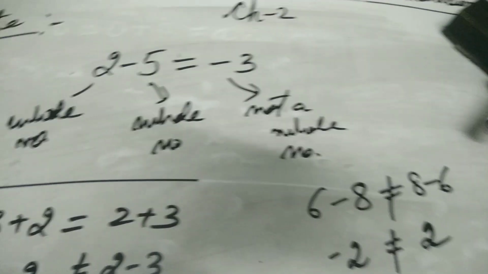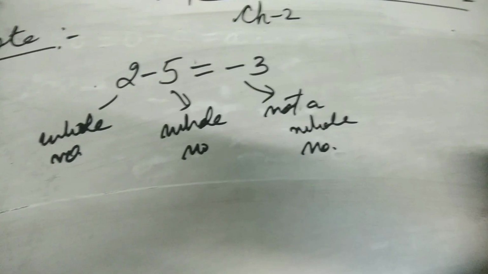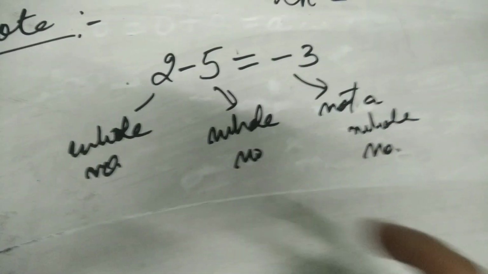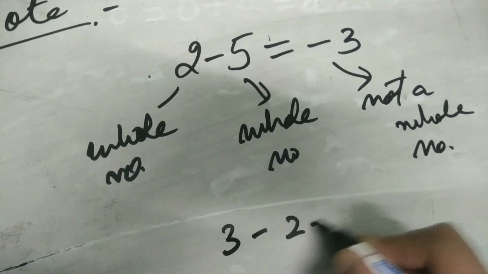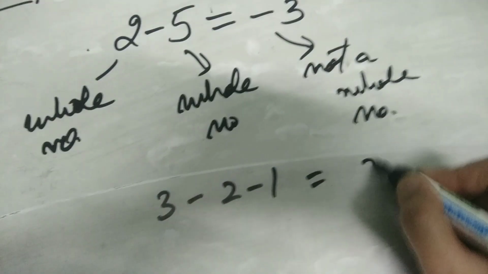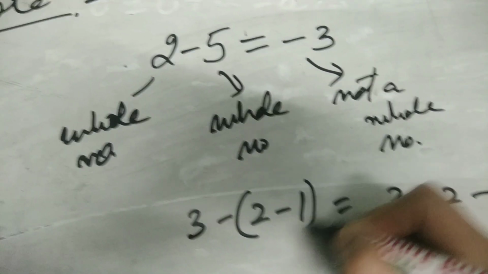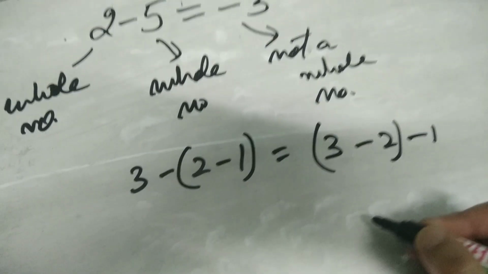Now let's check for the associative also. For the associative law, in subtraction, this law is not there. For example, I take 3 minus 2 minus 1. And then I write, first I subtract the last 2 and then this. See, this is how I'm putting the brackets.